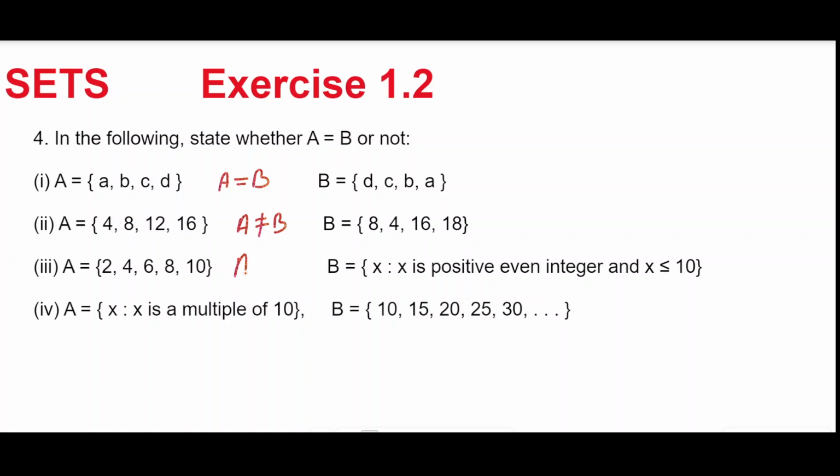So A equals B. Now x is a multiple of 10. Here 15 is also available, so it is not a multiple of 10. So A is not equal to B. Clear? Now move on to the next part of the question.